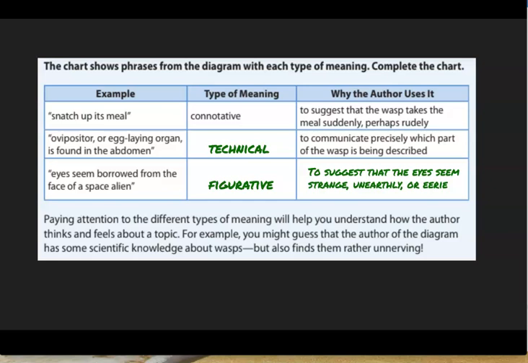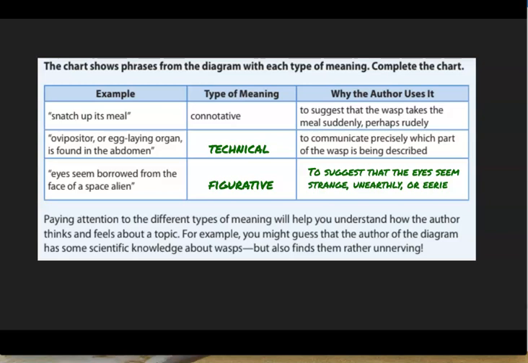Something I want you to pay attention to is the third column on this chart, why the author uses it. That's a question we need to constantly be asking ourselves: why would the author choose these words rather than other words? Paying attention to the different types of meaning will help you understand how the author thinks and feels about the topic.